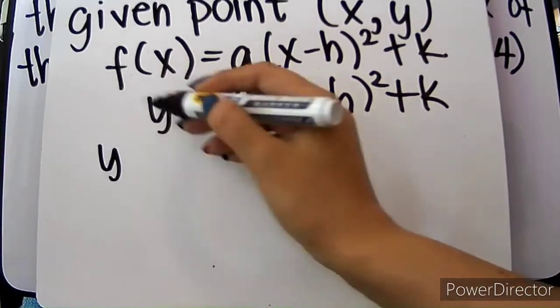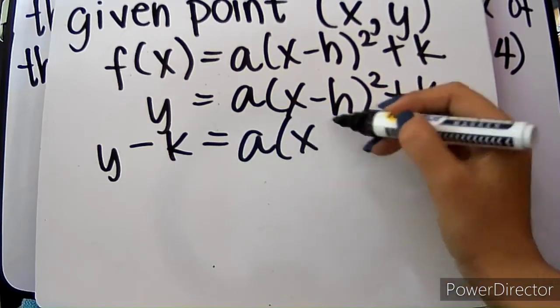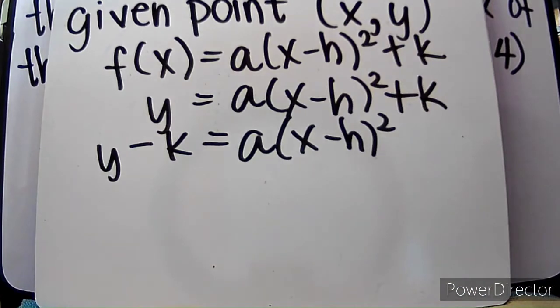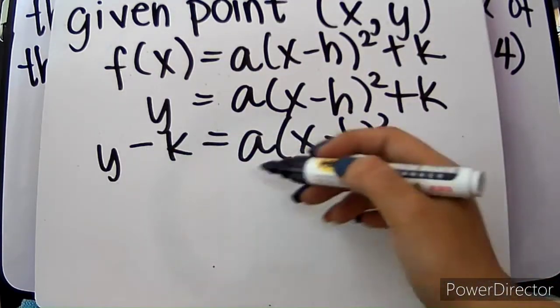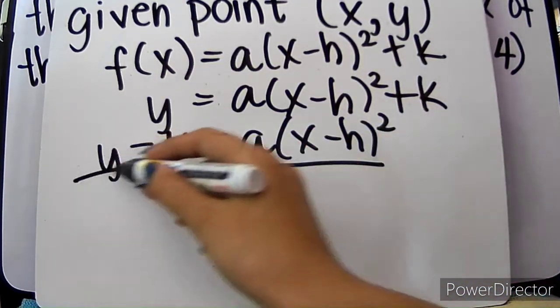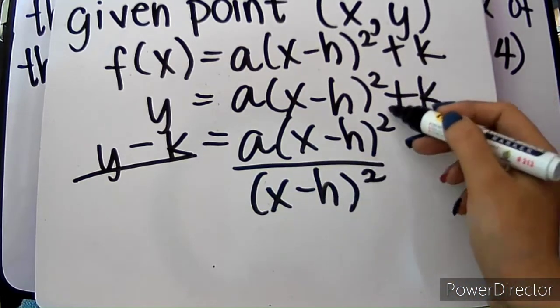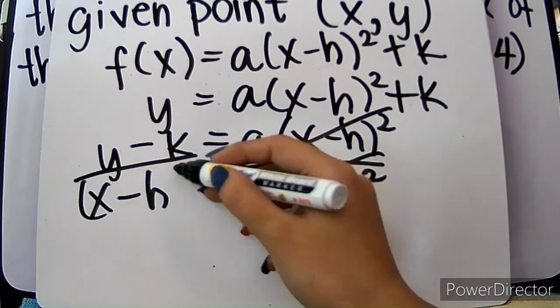So, ganito yung pagkaka-convert ko sa formula. Nilipat ko, transpose ko, or by addition property of equality, we will subtract both sides by k. Kaya yan naging minus k. And then, I divide both sides by the square of x minus h para mawala dito, para maiwan na lang yung a.